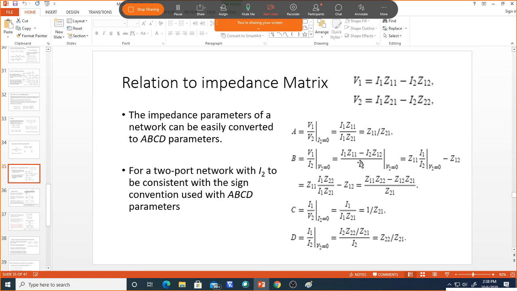So this will be Z11 into I1 by I2 minus Z12. Now we can replace this I1 by I2, or rather I2 in terms of I1. So we will get Z11 into I1 Z22 by I1 Z21, minus Z12. This is represented as Z11 Z22 minus Z12 Z21 by Z21. Just replace I1 by I2, or I2 in terms of I1.